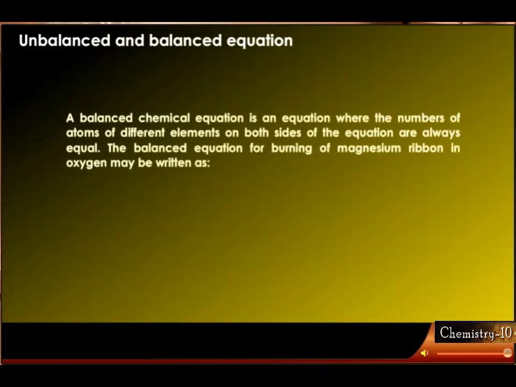A balanced chemical equation is an equation where the numbers of atoms of different elements on both sides of the equation are always equal. The balanced equation for burning of magnesium ribbon in oxygen may be written as, example, 2Mg + O2 → 2MgO, balanced equation.